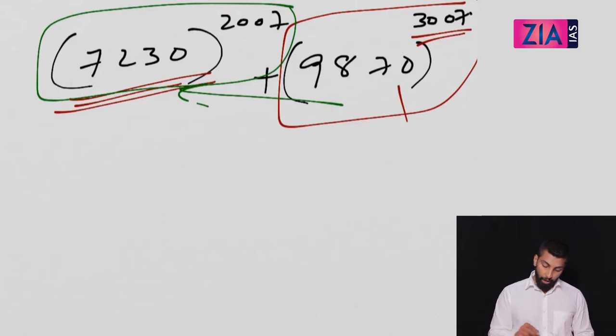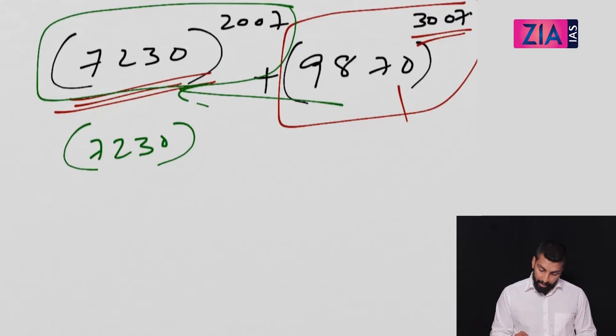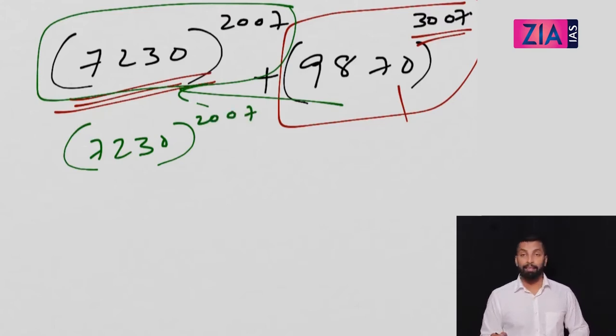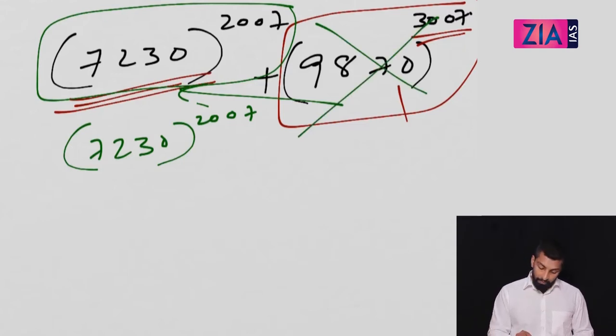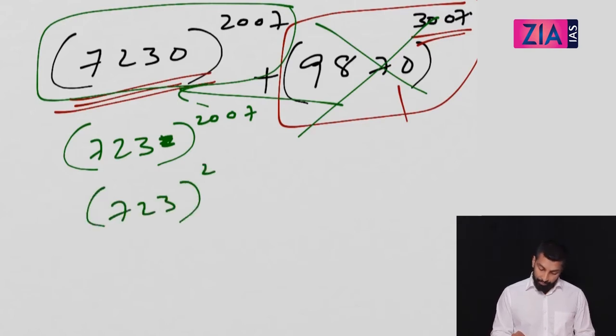So as I told you earlier, you need to find the last non-zero integer of 7230 raised to 2007, because the other number is not important. Last non-zero means the zero is not important. So this is 723 raised to 2007. Last digit is what you need to find.